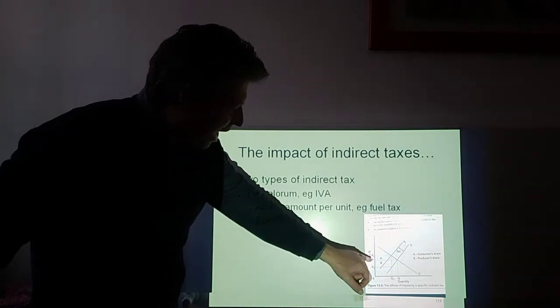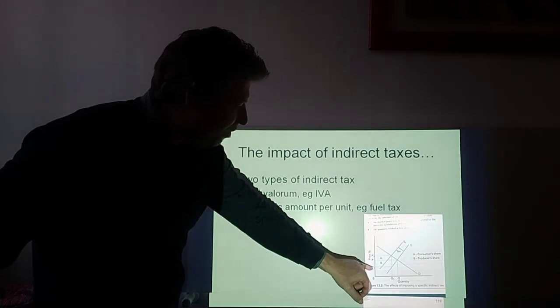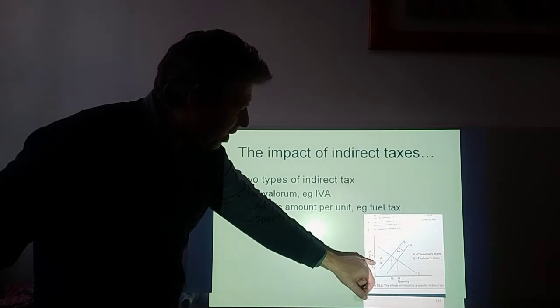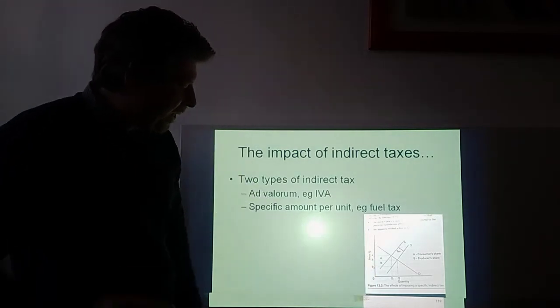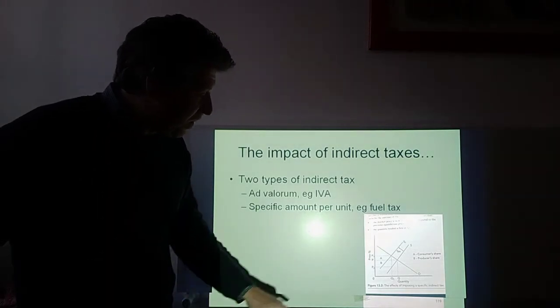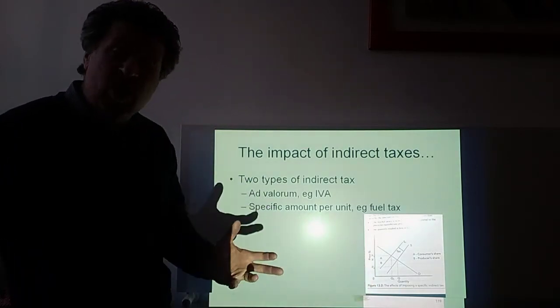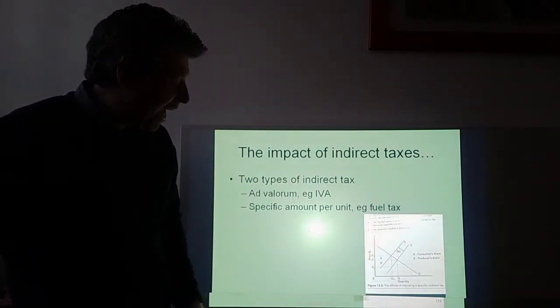But the price received by the producer is P2, so from the equilibrium to P2 is what the producer is paying. The part from P1 to P2 goes to the government, that's the tax.